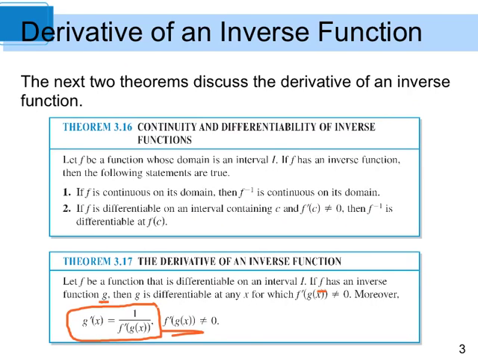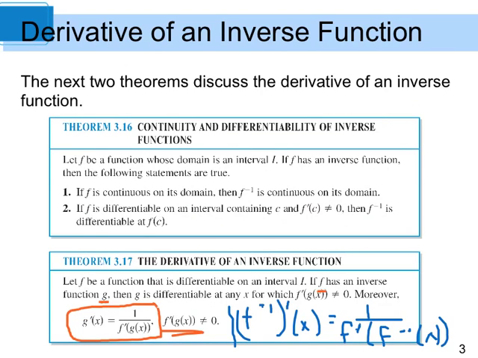If I use the inverse function notation, which is what you see quite often, then f inverse prime of x is 1 over f prime of f inverse of x. So why do we need this formula? You need this formula because even though it seems like you can always find an inverse of a function, sometimes you just can't. We'll see some examples dealing with that now.